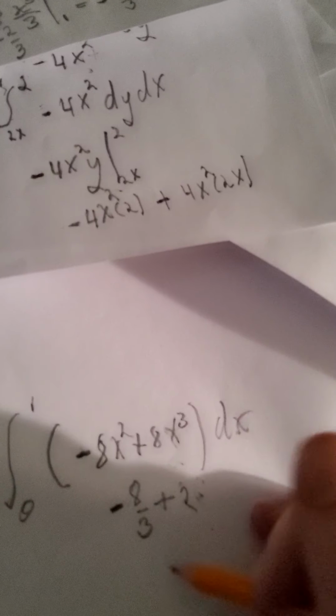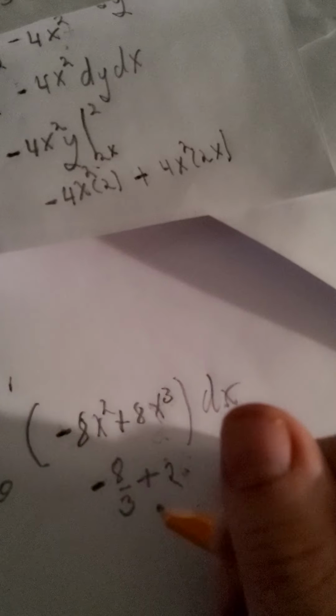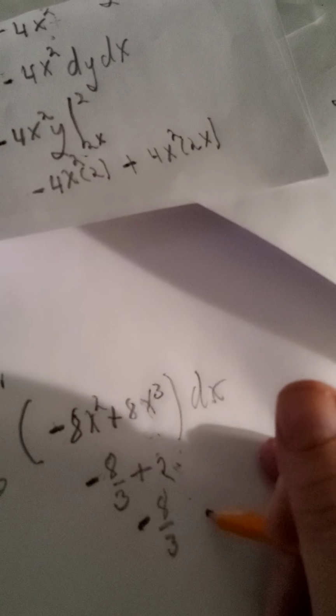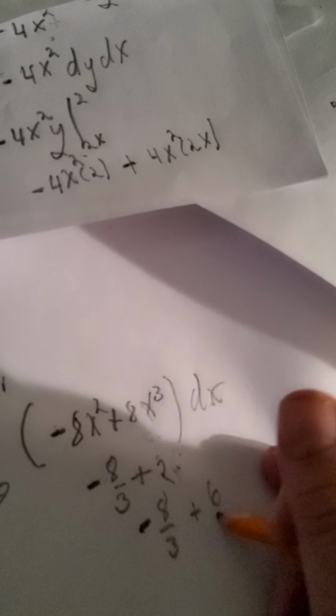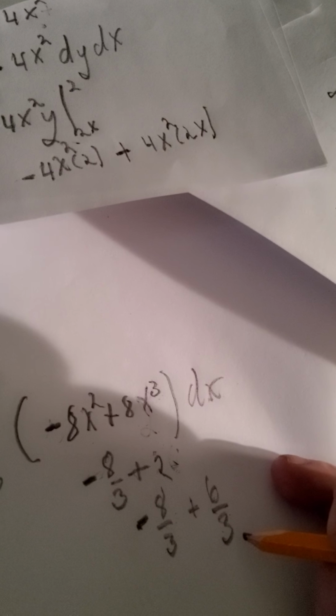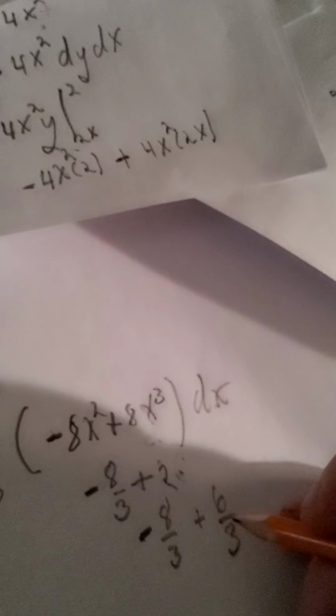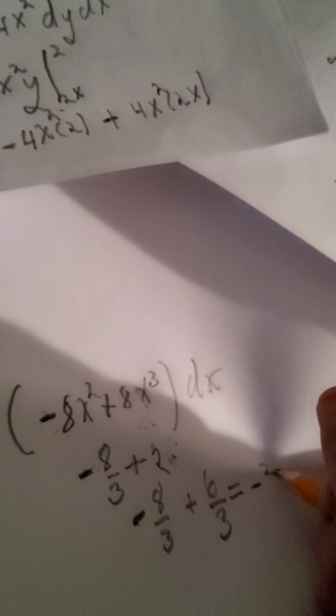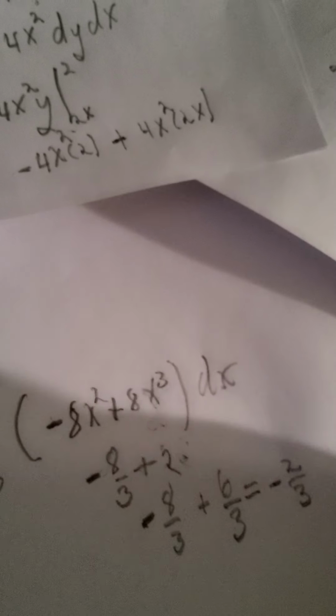So now I'm going to have negative 8 over 3 plus 6 over 3, which will equal negative 2/3. That's what I was looking for.